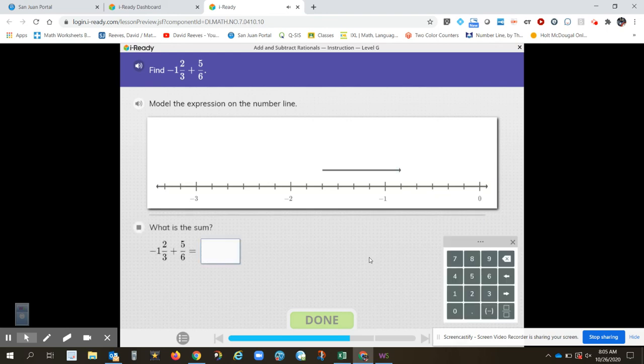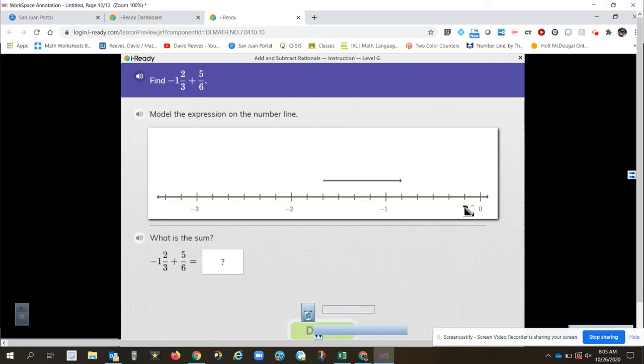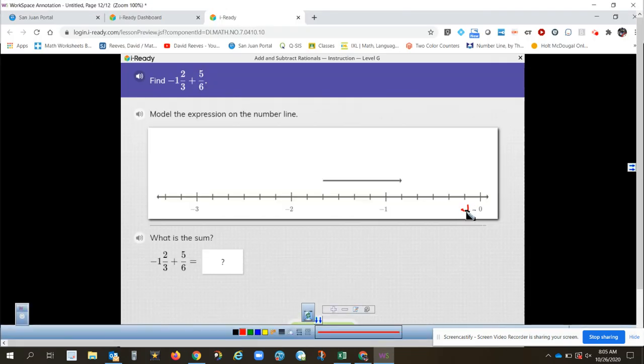All right, what is the sum? Well, the sum is where we end up. Where do we end up? Here's negative 1, right? So it's actually between 0 and negative 1. So let's start here, 0 and negative 1. Right here, this would be negative 1/6. This would be negative 2/6, right? This would be negative 3/6.